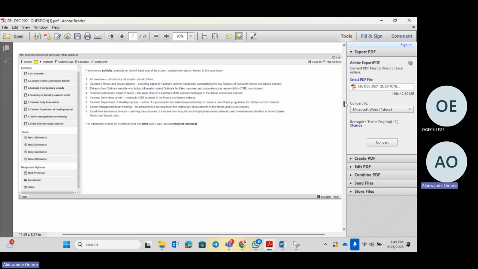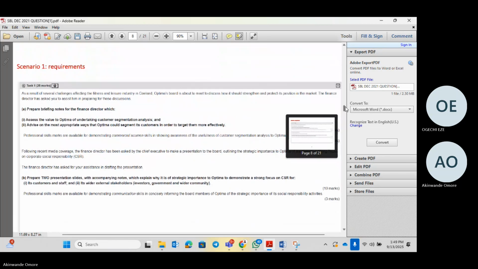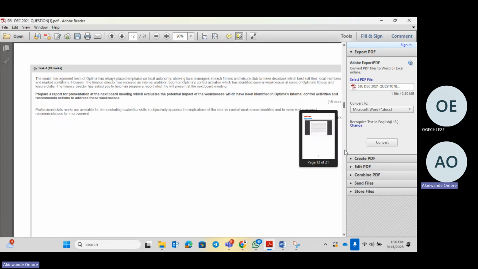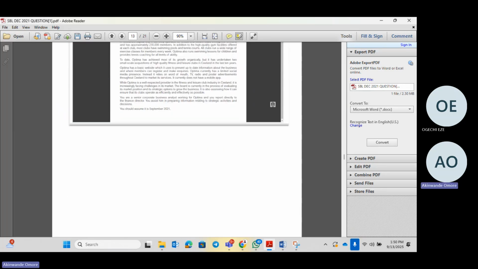Okay. Because look at the question. The question is talking about the value to Optima of undertaking customer segmentation analysis. What value would they take when they take customer segmentation analysis? So look at exhibit 1, the overview. Then look at exhibit 2.